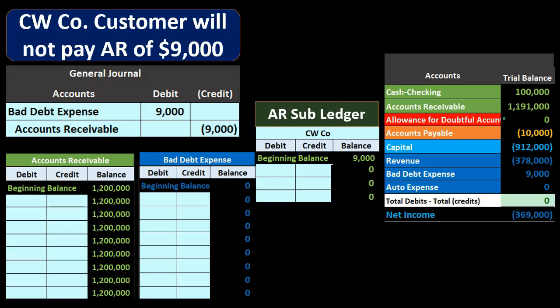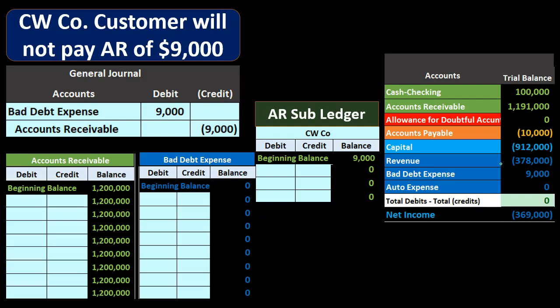The direct write-off method has the benefit of typically being easier to use because we can just wait. There's no estimate happening. We can wait until we believe something is not going to be collectible and then write it off. Note that does distort the income statement in some ways because we're writing it off at a later time period and therefore not matching it up with the revenue earned in that time period.